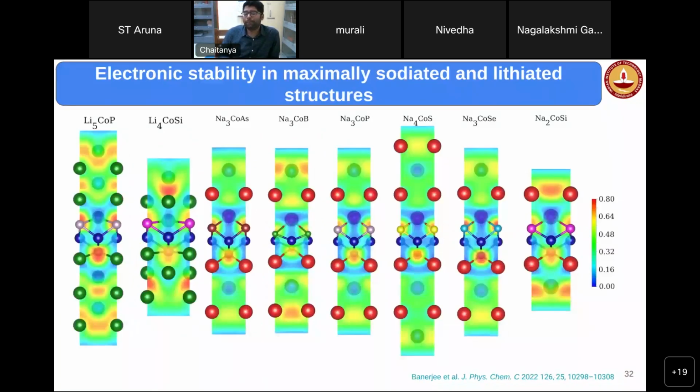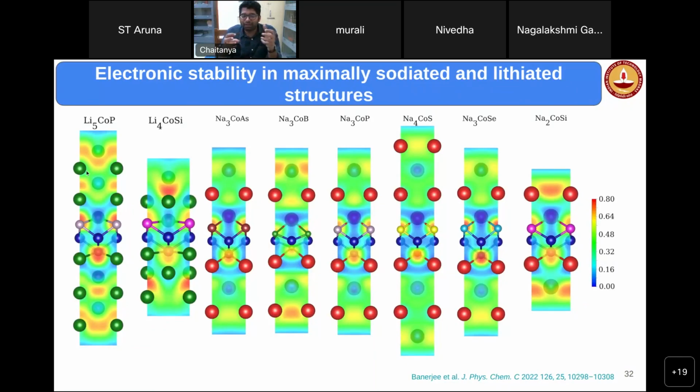Next, the question that we asked was why lithium and sodium ions were able to absorb more, whereas potassium is not absorbing more. By plotting the ELF plot, the electron localization function which I told you about earlier, what we were able to see is there is some electron cloud. If you see the scale here, if there is green or orange or red, that means there is some electron cloud in between.